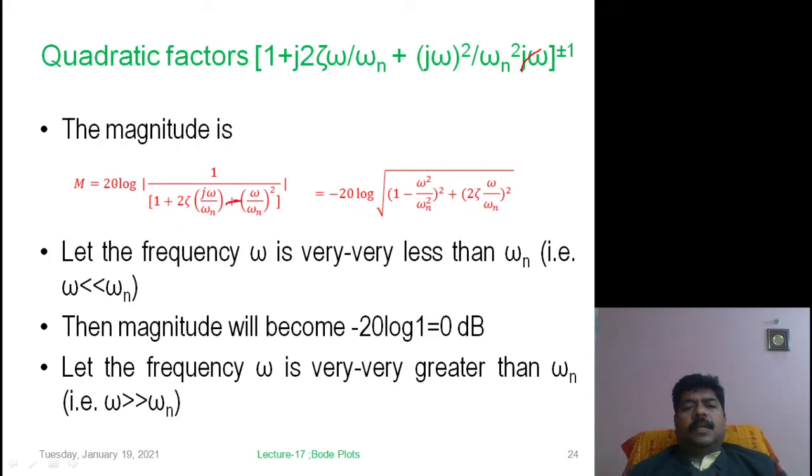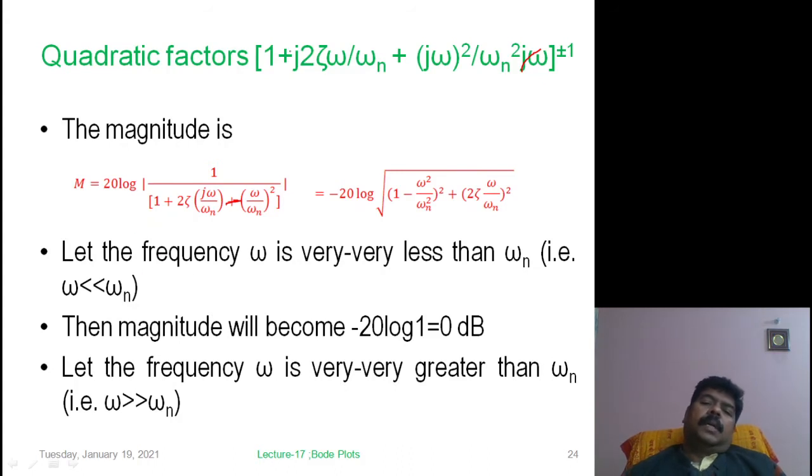Or you can write minus 20 log square root of 1 minus omega square by omega n square whole square, which is the real part, and then the imaginary part, twice zeta omega by omega n, so whole square, and log of this will give the magnitude.